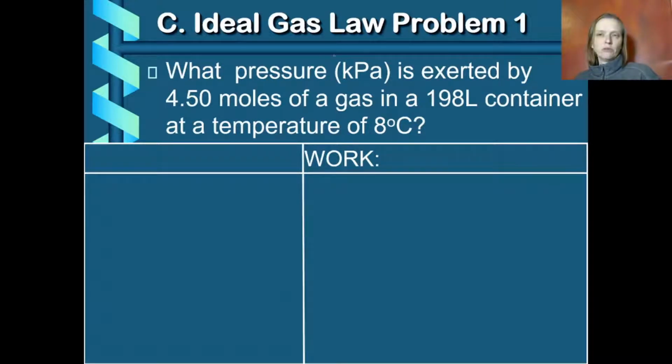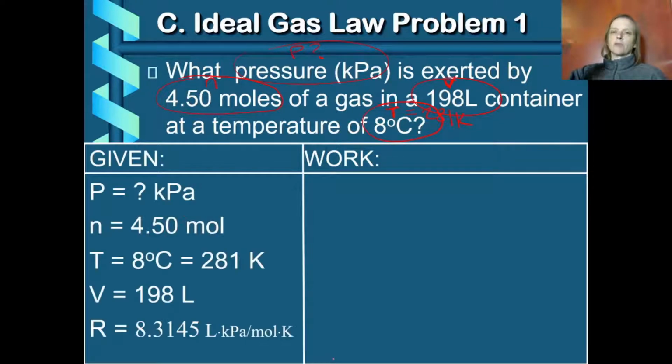What pressure, this is our unknown, is exerted by 4.50 moles of a gas, so this is our number of moles, in a 198 liter, this is our volume, container at a temperature of 8 degrees Celsius. This is our temperature, but it's not in Kelvin, so I need to convert this. This will be 281 Kelvin.